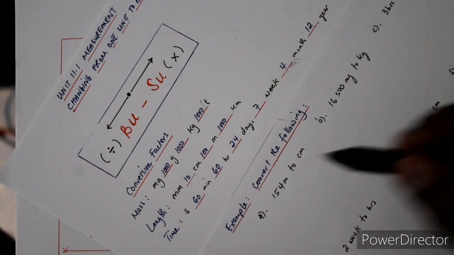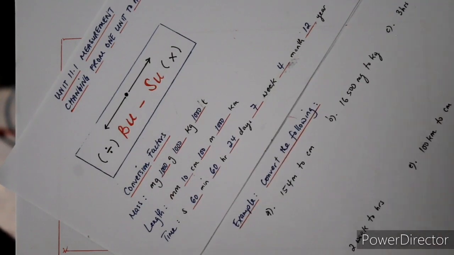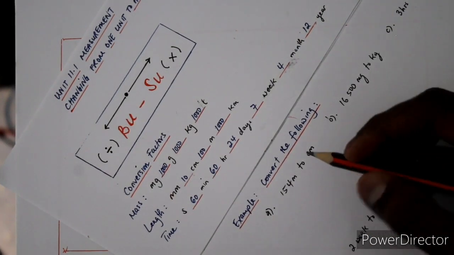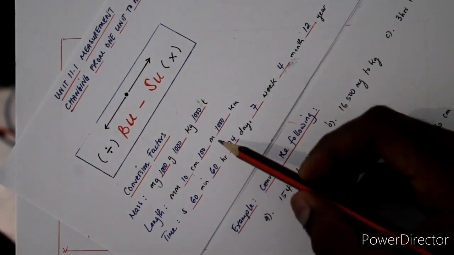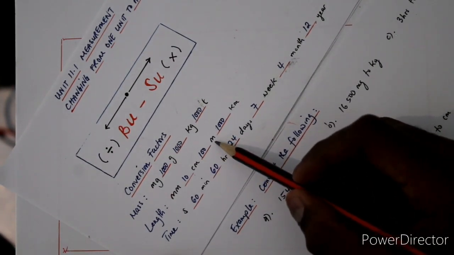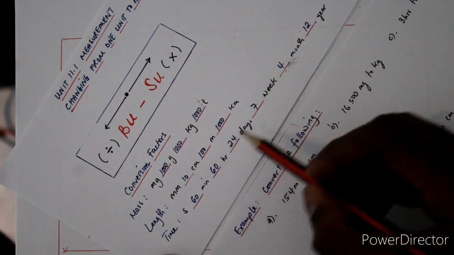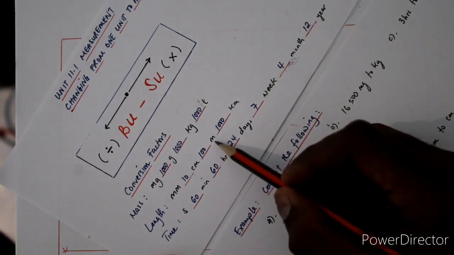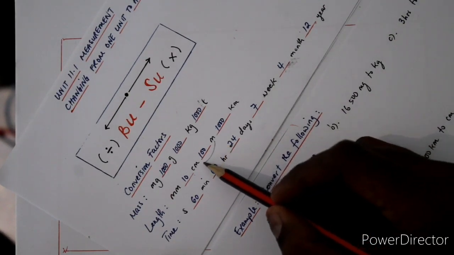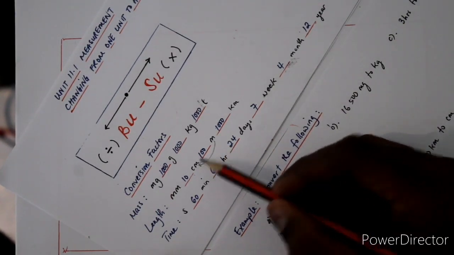154 meters to centimeters. Now what we are doing is we are trying to convert meters to centimeters here. So you start from meter, you draw a line and then point back to centimeter.